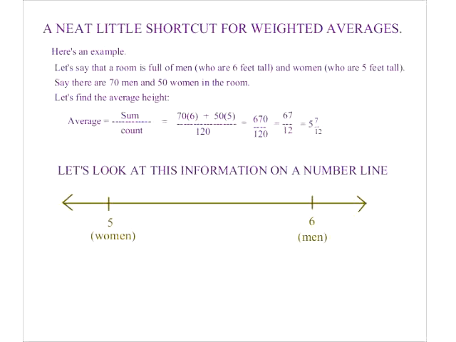That is found right there. So 5 and 7/12. Okay, so 5 7/12 is our friendly weighted average.